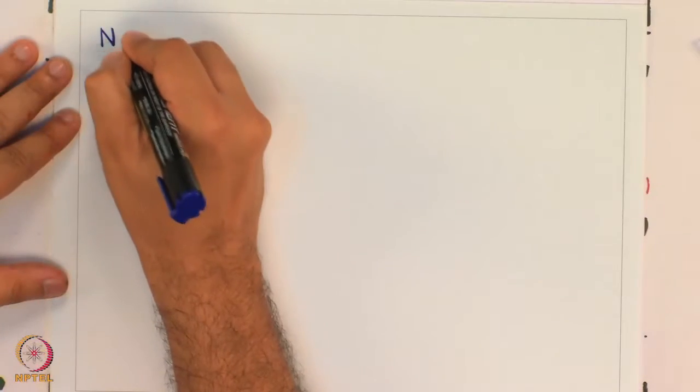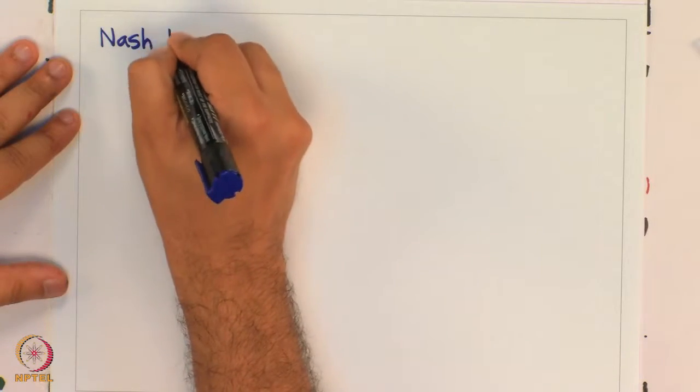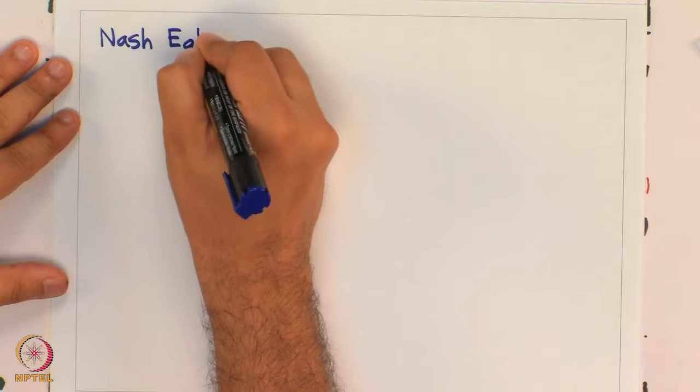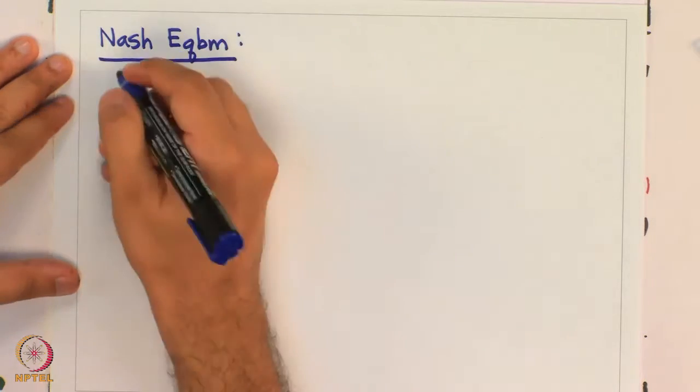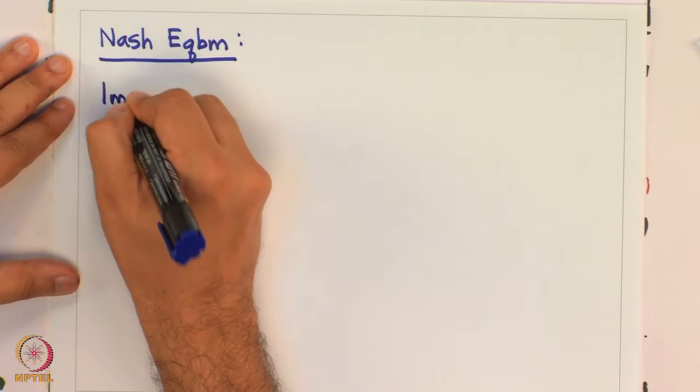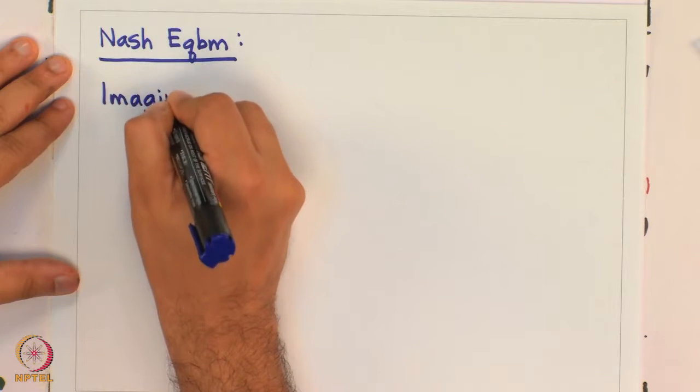A Nash equilibrium is defined as the following. Imagine there is a game between two people.